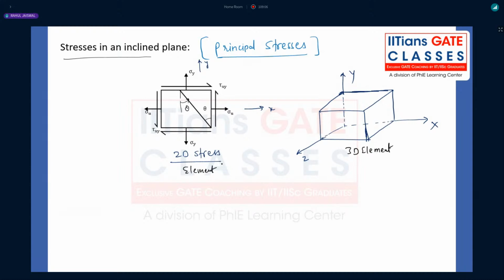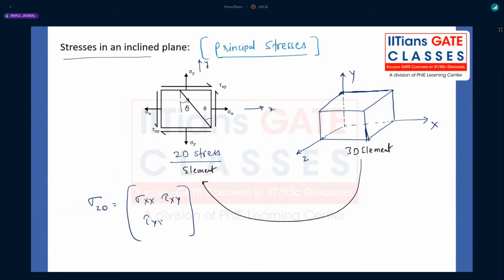Now, how to convert a 3D element to a 2D element? If you write a 2D stress element, only 4 components will be there: sigma xx, tau xy, tau yx, sigma yy. Only 4 components of the stress will be there.